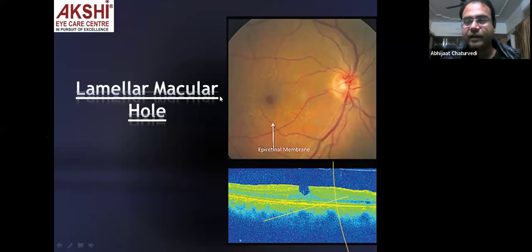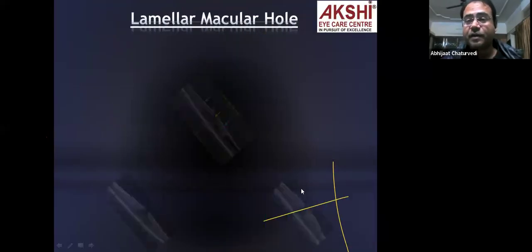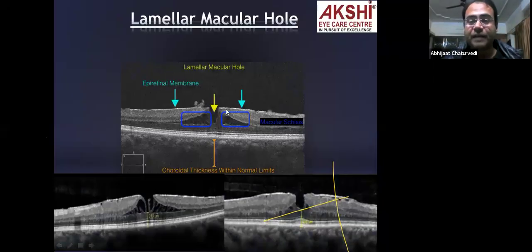And this shining thing around the hole is nothing else but an epiretinal membrane. Whenever you see this epiretinal membrane, 9 out of 10 times you will have such an image on the OCT, and this is your lamellar macular hole. You can see this shiny white layer, which is the epiretinal membrane.